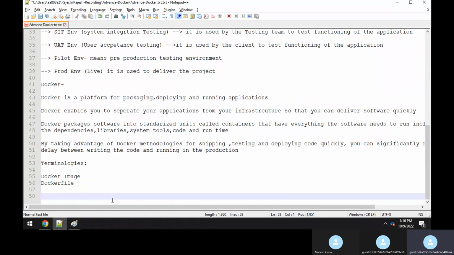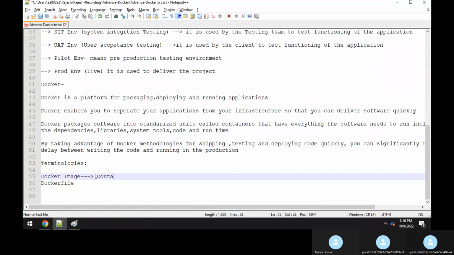So basically, whenever you want to deploy any application and run it as a container, you need to have a Docker image. With the help of a Docker image itself, a container gets created. Containers are created if you have a Docker image.